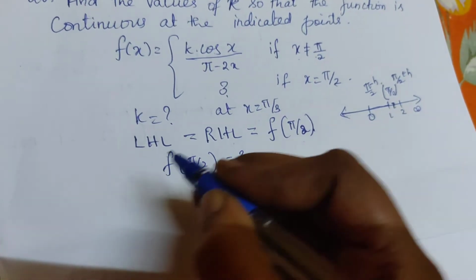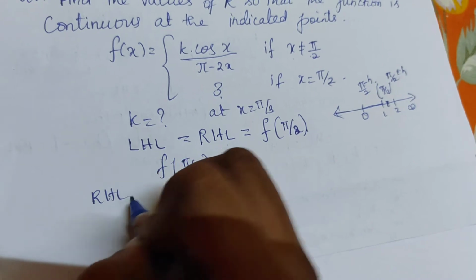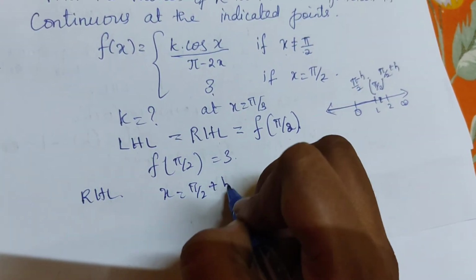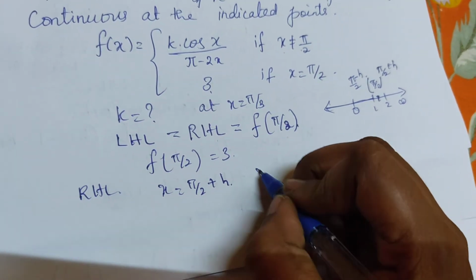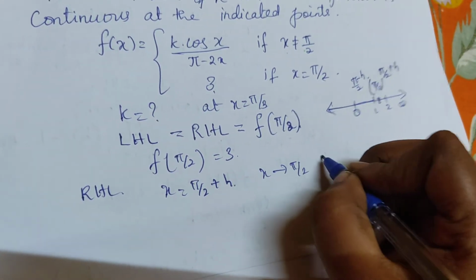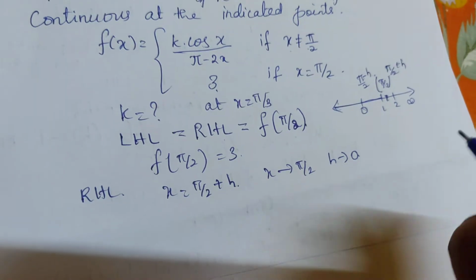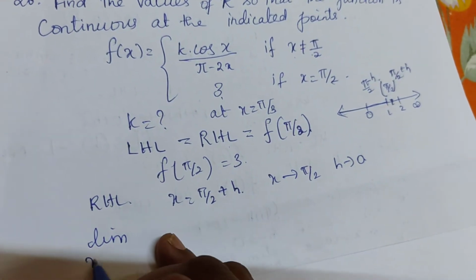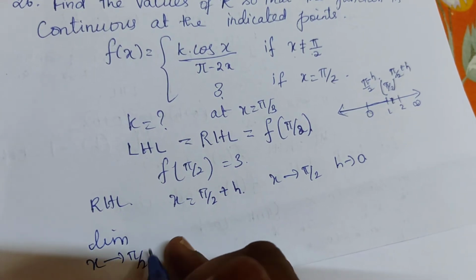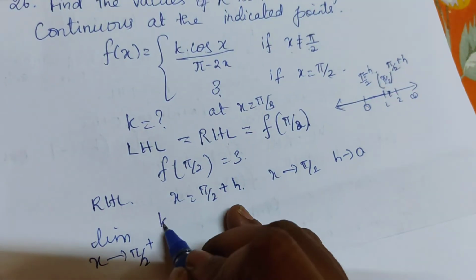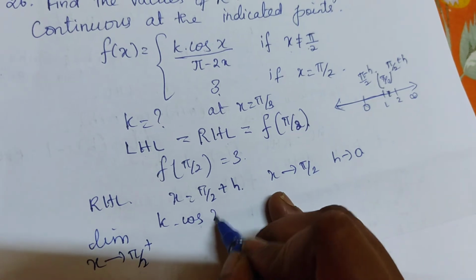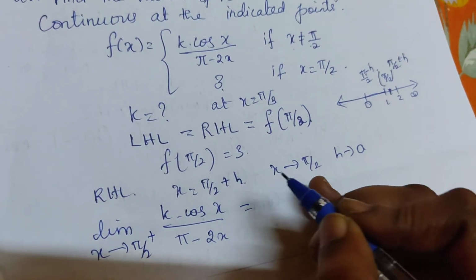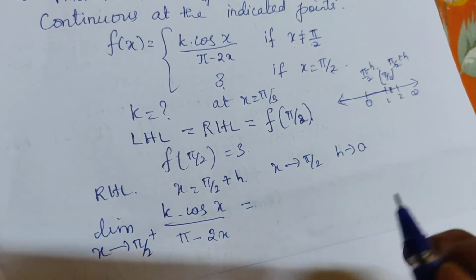Now we can calculate either one of the limits. Let me calculate the right hand limit. In the right hand neighborhood x will be pi by 2 plus h. As x tends to pi by 2, h tends to 0. So we replace x in k cos x divided by pi minus 2x with pi by 2 plus h.